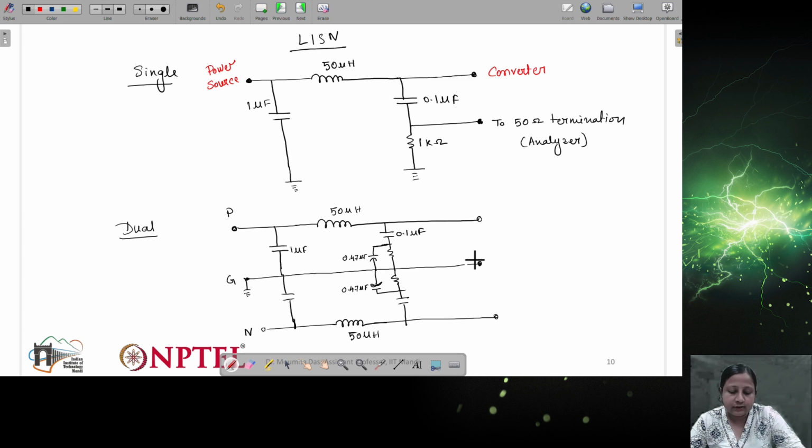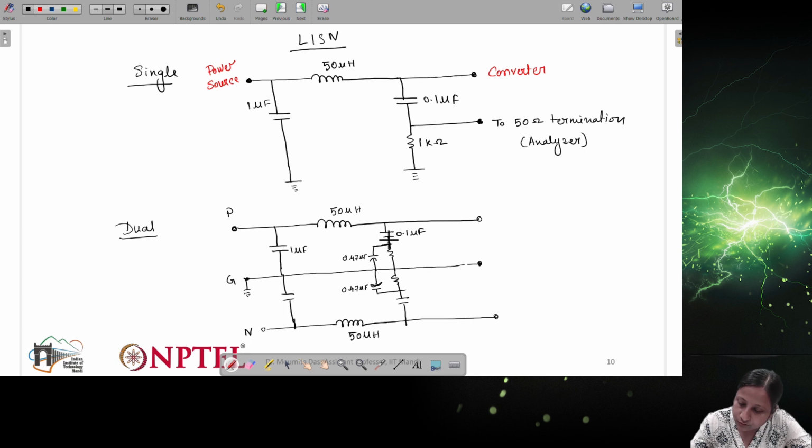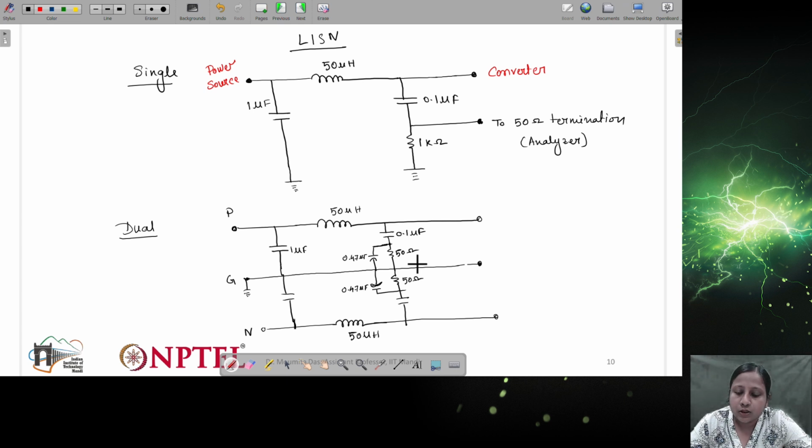Okay, this is with respect to the dual realization. This point generally goes to the 50 ohm termination, so here I am just showing 50 ohm to this. Okay, so this is how the network looks, single and dual realization. This network we need to use for the measurement.